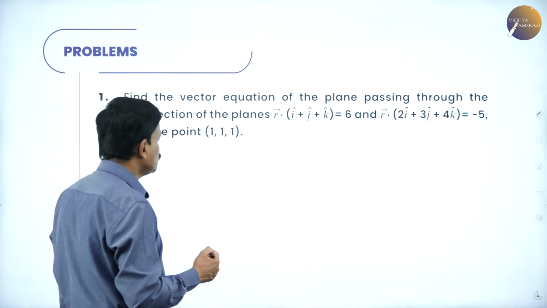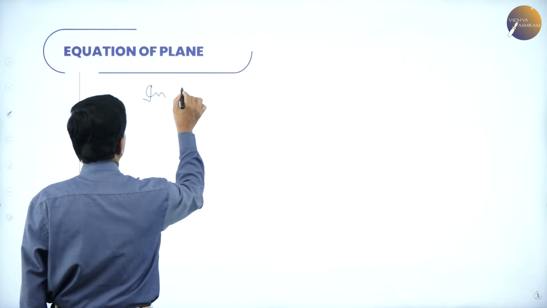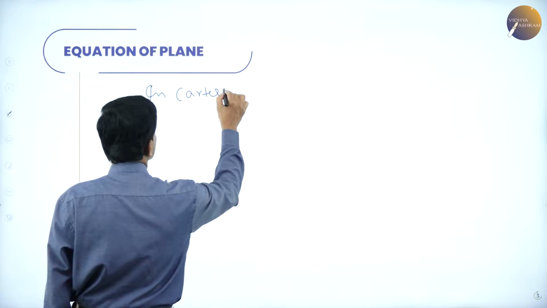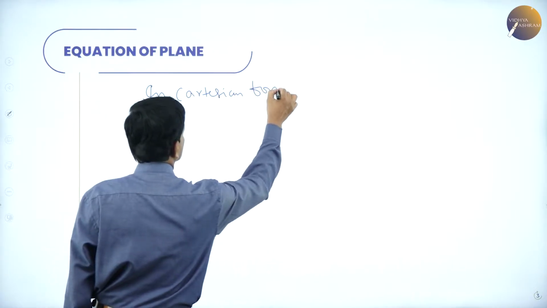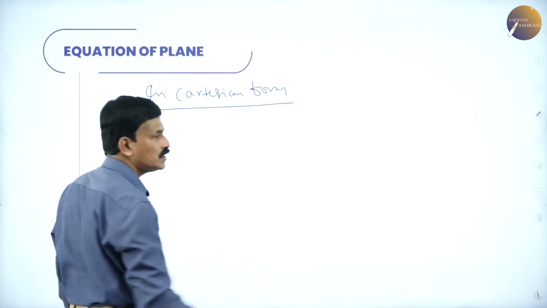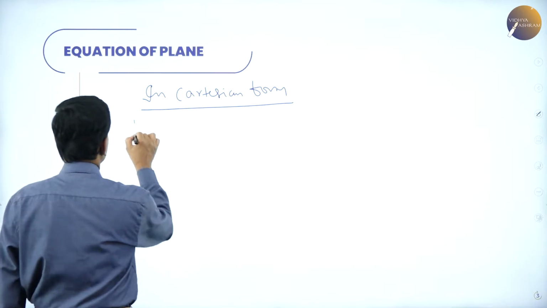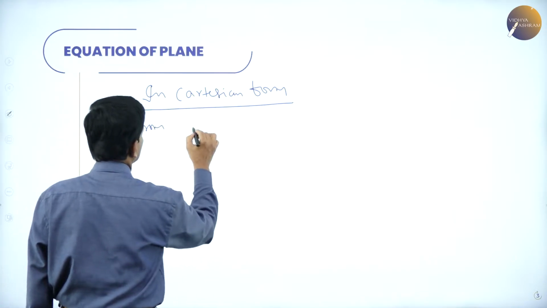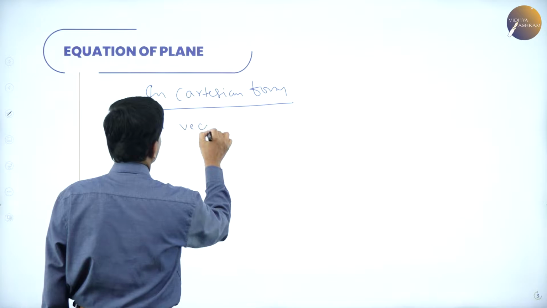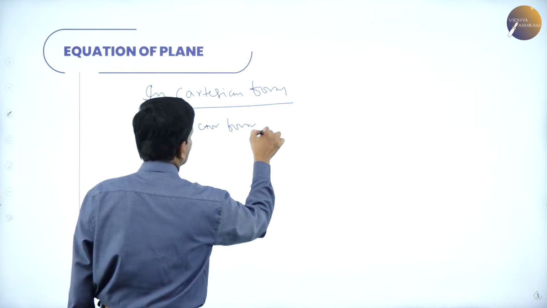Now to find the Cartesian form from the vector equation. What is the vector form?